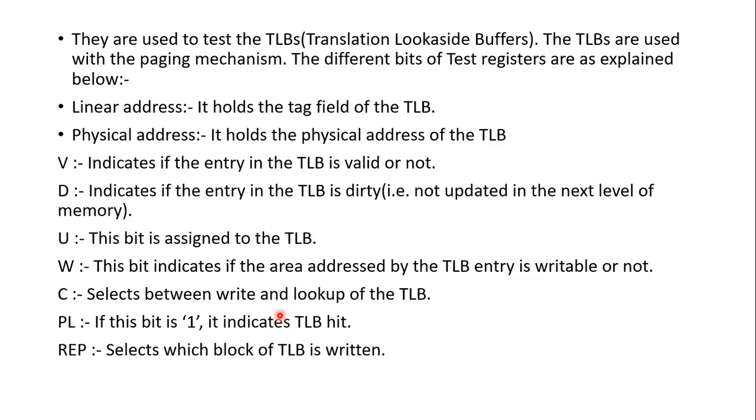Why is it called a high speed cache? Because it is set up for the page table entries, and the TLB will first check whether the provided page is already present in the main memory. If it is not in the main memory, a page fault is issued. If you don't find the entry of that particular page in the main memory, a page fault is issued.